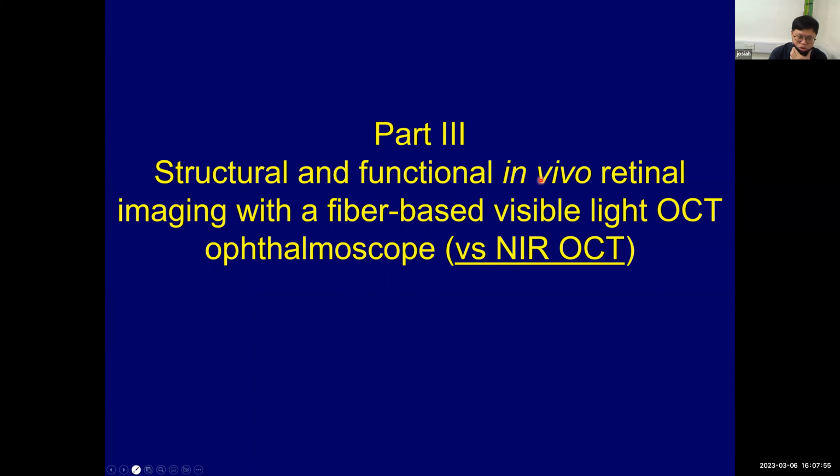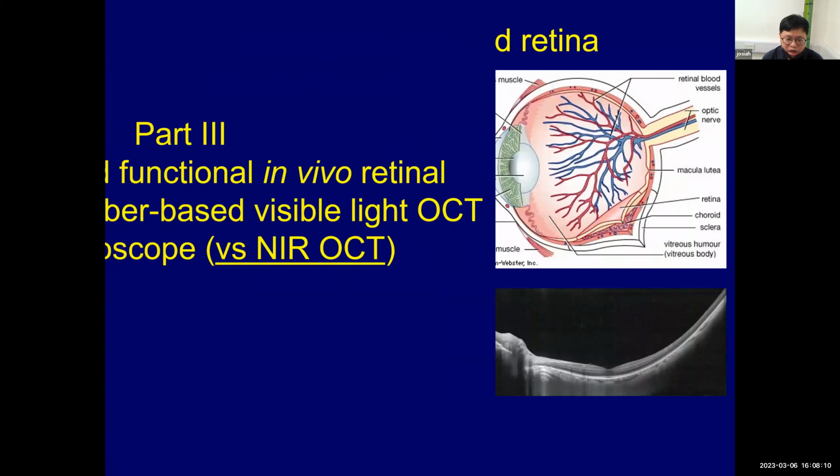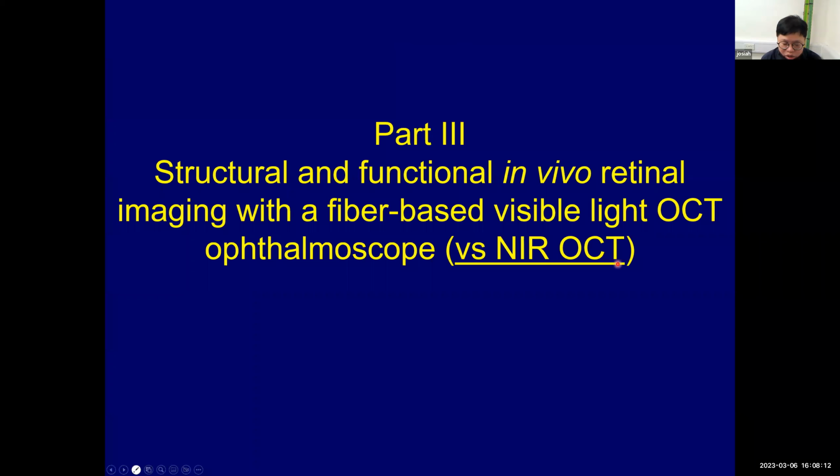Lastly, I'm just going to jump into how we use OCT, specifically visible OCT, to look at the retina of the human as well as rodents. Here I highlighted that versus NIR OCT, because most of the commercial and clinical systems that you will find mostly use near infrared light, maybe in the 800 nanometer or 1000 nanometer wavelength.